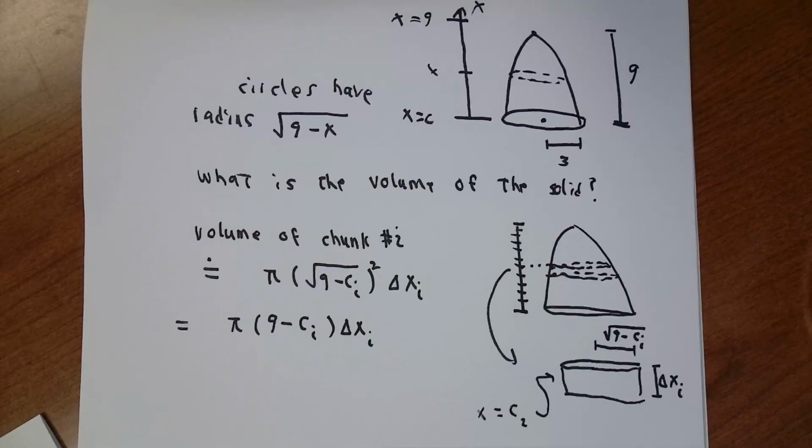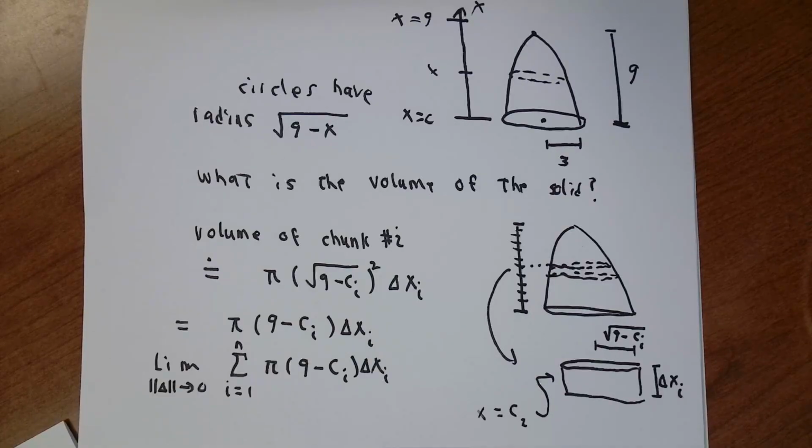If I add up all such contributions, then I've got an estimate for the total volume, and then I'll take the limit as the norm of the partition goes to 0. But if you look back to what we said previously, this is the definition of a definite integral. The limit of a sum turns into an integral sign.